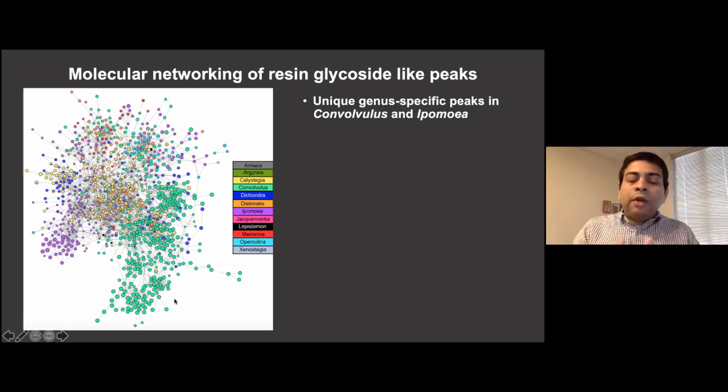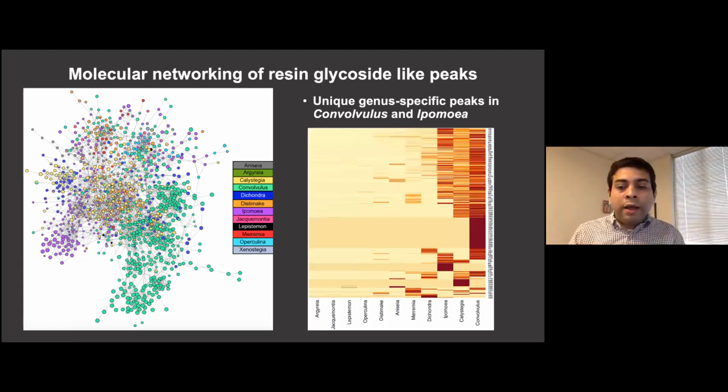Then we can dig further into the profiles and mass spec data and ask what are these unique compounds. In Convolvulus, it is quite clear. So here I'm separating all of the signals by genera again and asking which particular peaks are present only in one genus.